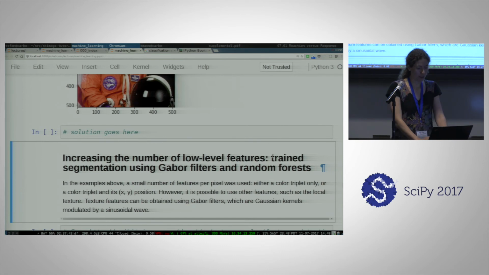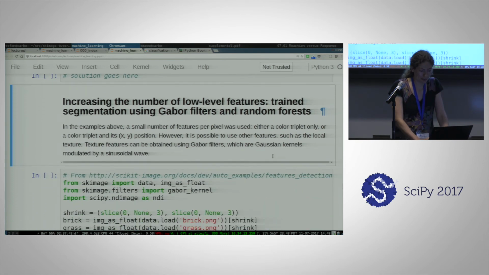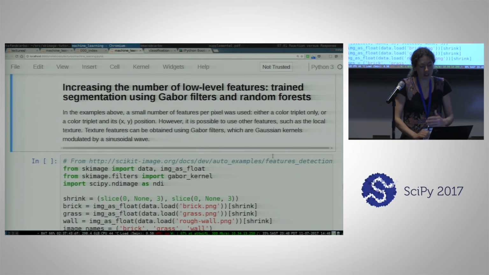Okay, let's move to the next part, where we will increase more the number of features. The more the better in terms of features. And the difference compared to the other sections will be that first we will use texture-based features, which are these Gabor filters.